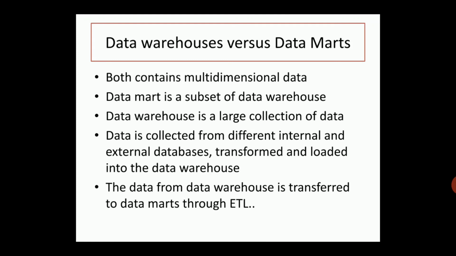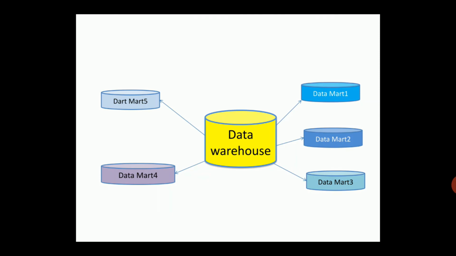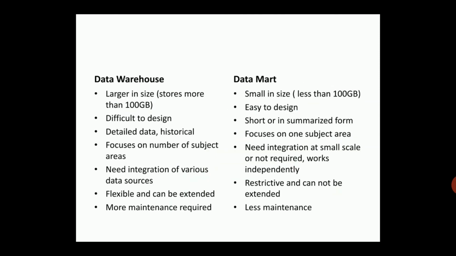The data is collected from different internal and external databases, and it is transformed and loaded into the data warehouse through ETL. And the data from the data warehouse can be transferred to the different data marts, again through ETL. Let's differentiate. The data warehouse is larger in size, whereas the data mart is smaller in size.